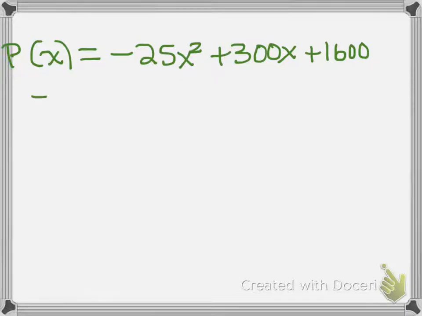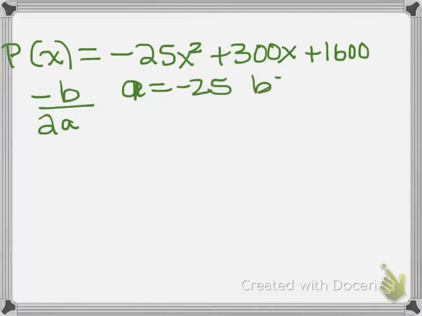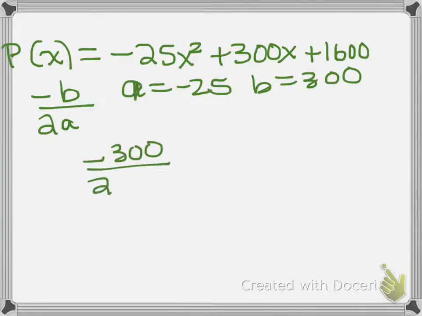Our formula for finding the vertex, the x value, is negative b divided by 2a. So a is negative 25 and b equals 300. So when I substitute that in, I get negative 300 divided by 2 times negative 25.